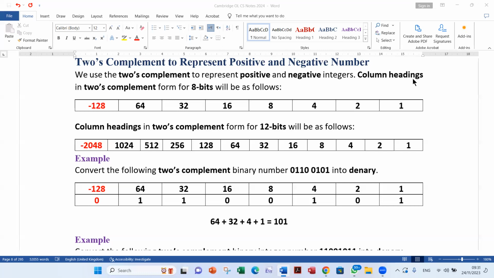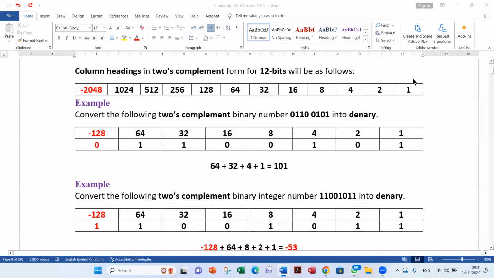If we look at the other example, we have 1, 1, 0, 0, 1, 0, 1, 1. Look at the far left, there is a 1 here. That negative 128 will outweigh the summation of all the other weights.